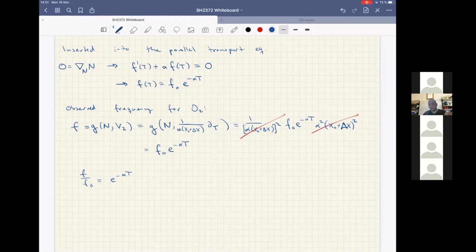And in general, we're going to be able to argue this type of red or blue shift in different ways. But everything is in the end going to boil down to this kind of argument. This is the more general argument for how you would compute the frequencies observed by some observers.